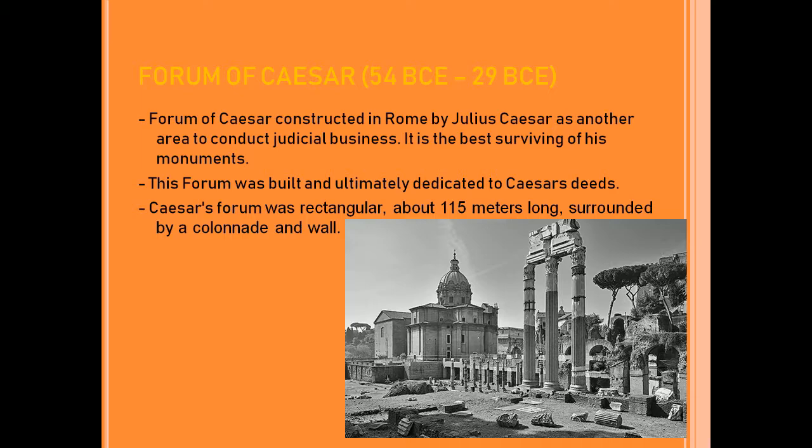I'm pretty sure he built a few other monuments, but this is the only one that survived. It was ultimately dedicated to his deeds. The forum is a rectangular shape, 115 meters long, and surrounded by a wall.